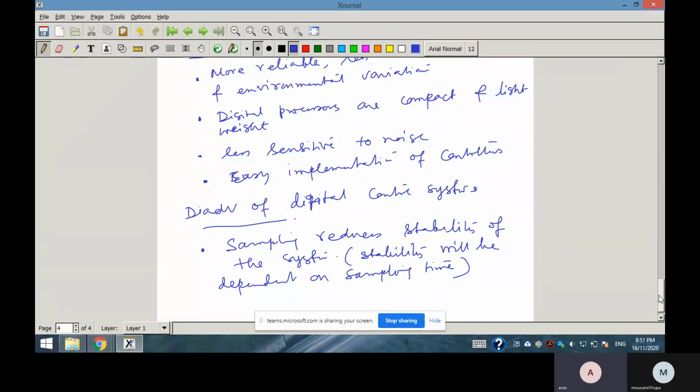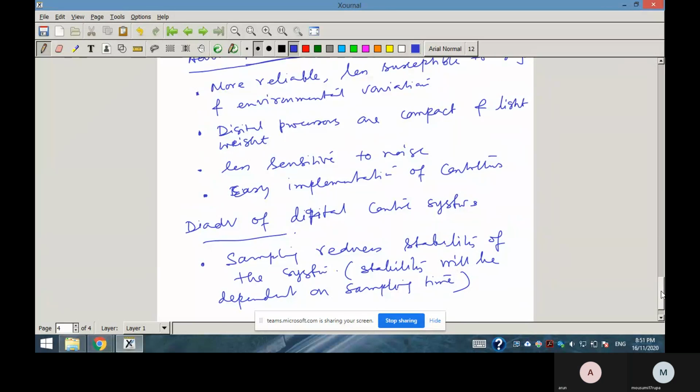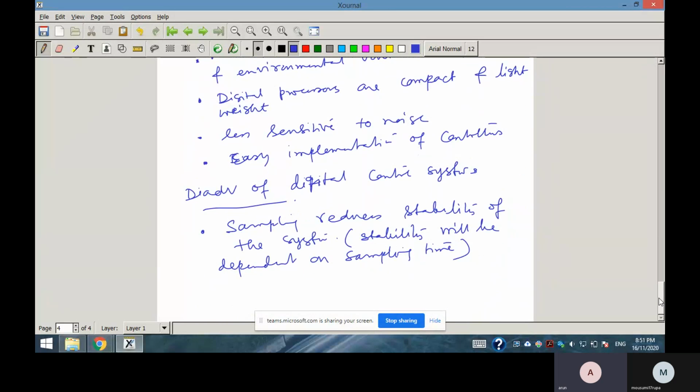But then the computation cost and all these things will increase. So you have to trade off. You have to choose the sampling time properly. What sampling time is needed for optimal performance? The choice of sampling time plays an important role for digital control system designers.